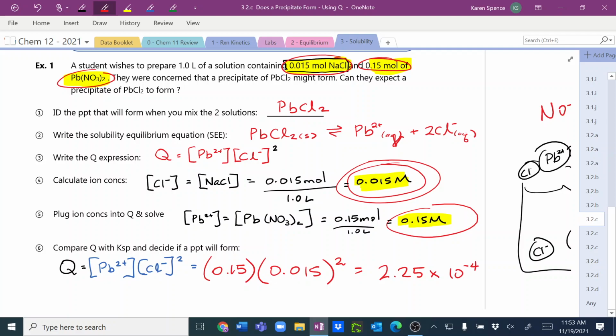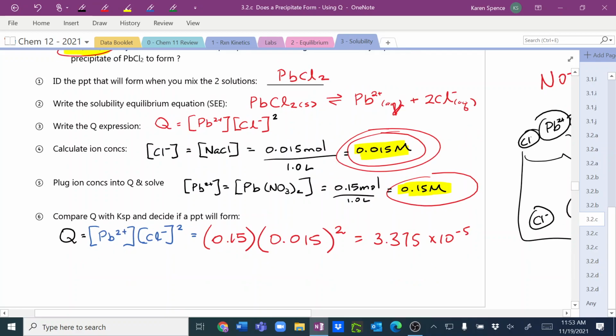Maybe I did that wrong. 0.15 times 0.015 squared equals, yep, I got the wrong number. 3.375 times 10 to the minus 5. Does that sound better? Yeah? Okay, good. Now what do we do with that Q?